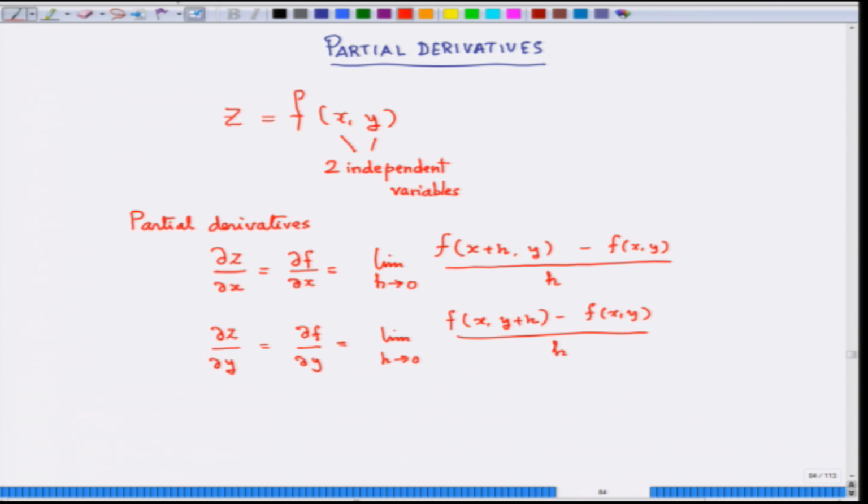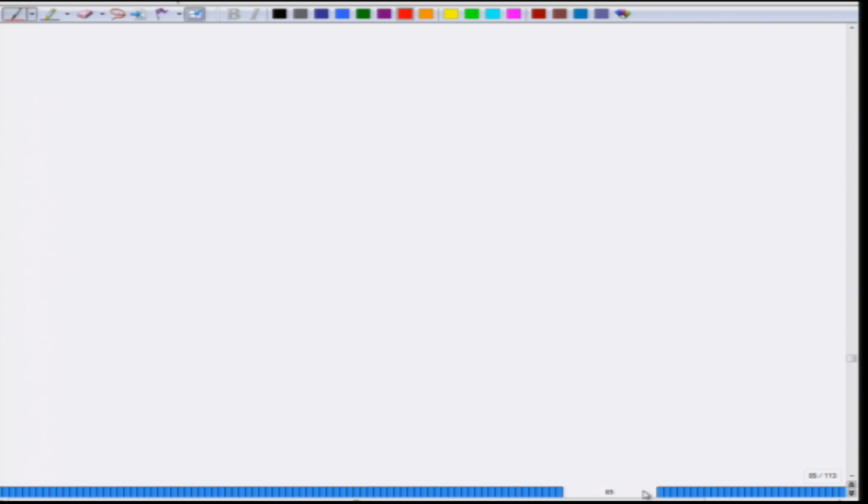Now, if I want to compute the derivative of a function of two variables, let us take an example and compute it. An example which will show you some important thing: del f del x and del f del y.